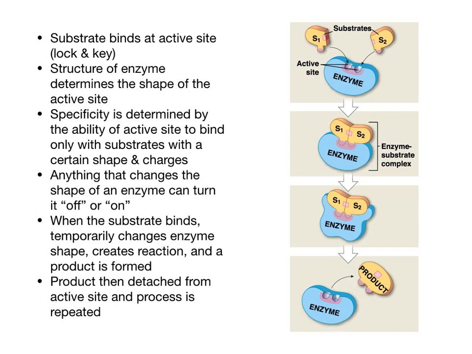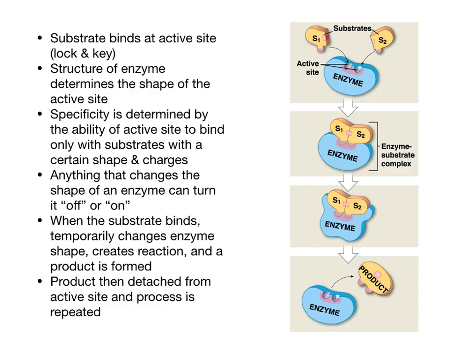So this is the lock and key method and the steps that we go through for that lock and key. The substrate binds at an active site, which is our lock and key. The structure of the enzyme determines the shape of the active site. Specificity is determined by the ability of the active site to bind only with substrates with a certain shape and charge.